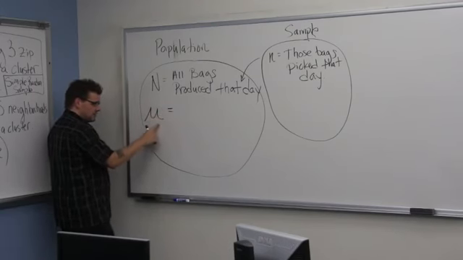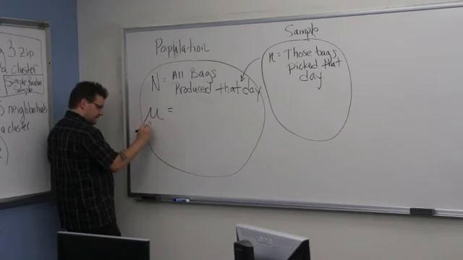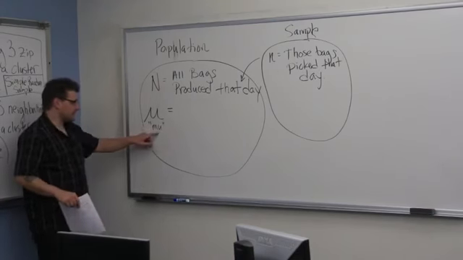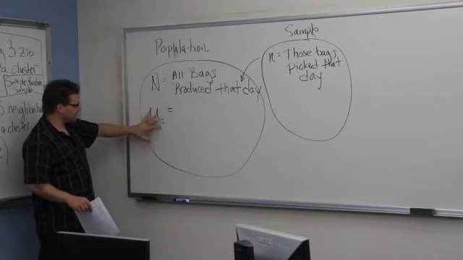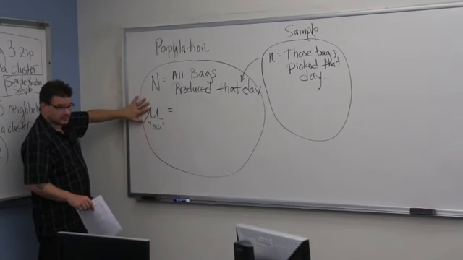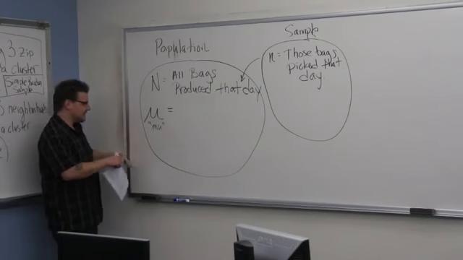That symbol is mu. In case we haven't covered this yet, it's the Greek letter for M. For populations, typically we use Greek letters, and so this is the Greek letter M for mean. Probably we've seen this at this point, but just in case, get that in there.